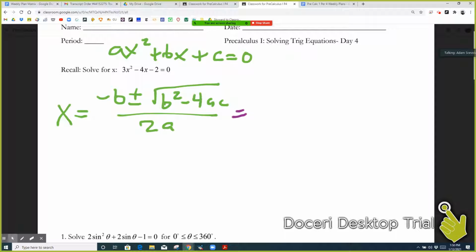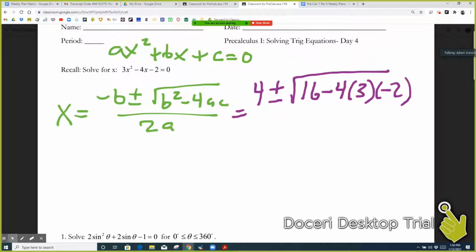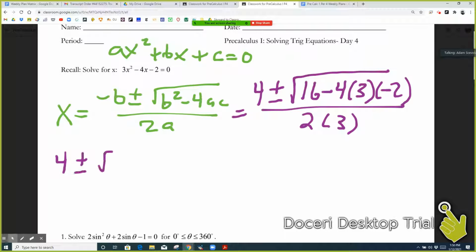So if I plug that into the quadratic formula, I get 4 plus or minus the square root of -4 squared, which is 16, minus 4ac, all over 2a. So I have 4 plus or minus the square root of 16 plus, it's plus because it's a double negative.